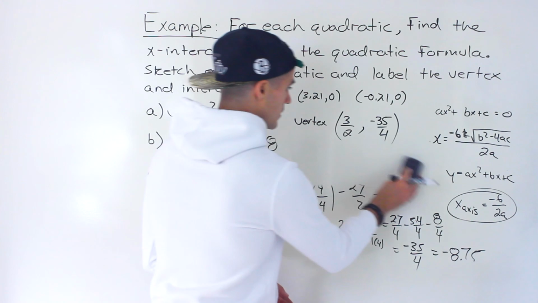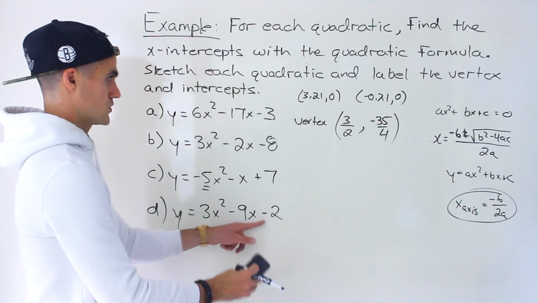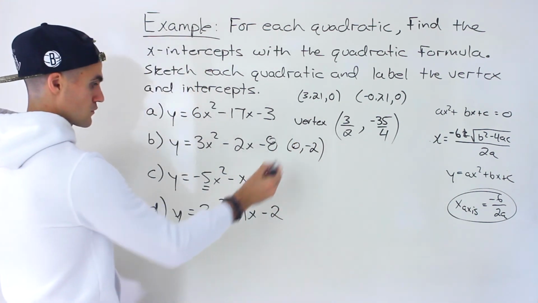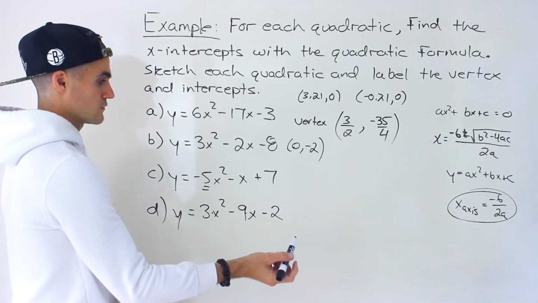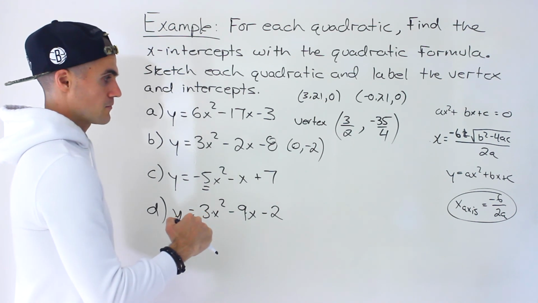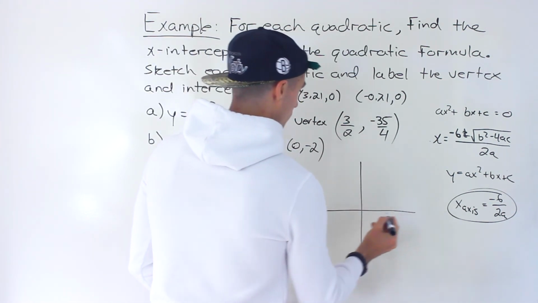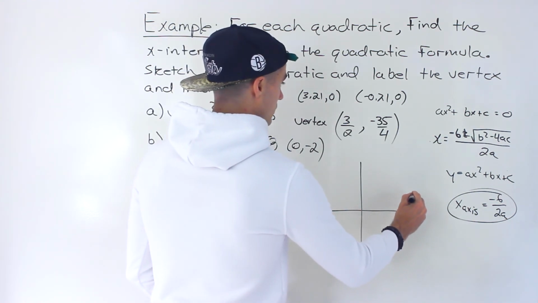So now we have enough information to plot it. We could also get the y-intercept, which is going to be 0, negative 2. If we plug in 0 for the x's, we end up with the y value negative 2. The c value in the standard form is always going to be the y-intercept for a quadratic. So, graphing these, we'll have 3.21, let's say that's over here.